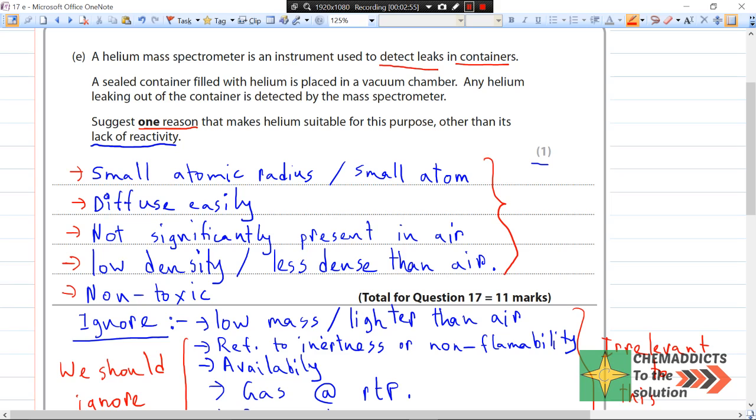The total mark for this question is 1, so 1 mark for 1 point. We will gain 1 mark for pointing out one reason.